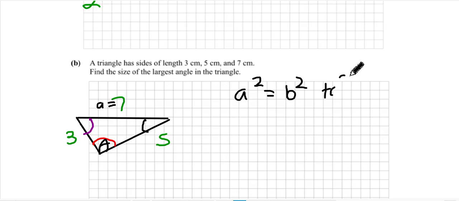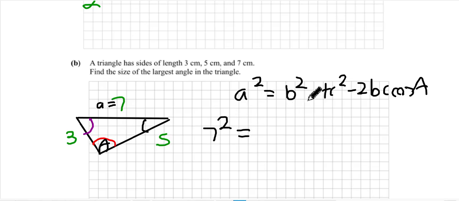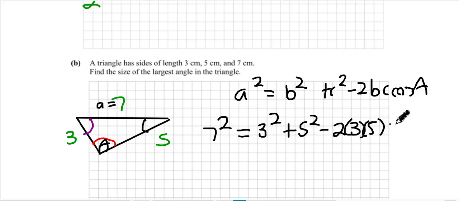Okay, guys. So what's small a? 7 squared, yeah. Small b? 3. Small c? 5. And then 2 times 3 times 5 cos A.